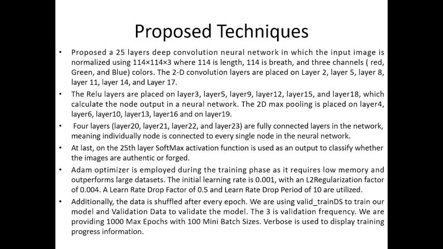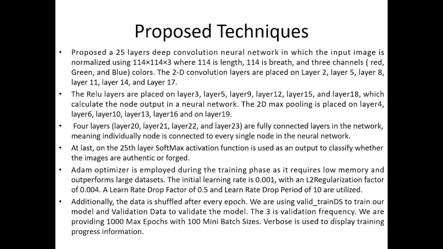The 2D convolution layer is placed on layer 2, layer 5, layer 8, layer 11, layer 14 as well as on layer 17. After that, ReLU layers are placed on layers 3, 6, 9, 12, 15 and 18, which calculate the node output in the neural network. The 2D max pooling is placed on the 4th layer, 7th, 10th, 13th, 16th and on layer 19th.